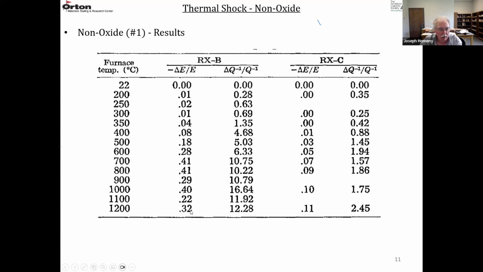So this had an elastic modulus drop at least 3 times more than this one. And then the change in Q over Q, this one is 12, this one's only 2.5. So this one is much better in thermal shock resistance, RXC compared to RXB. And this was the one with the bimodal grain size distribution.